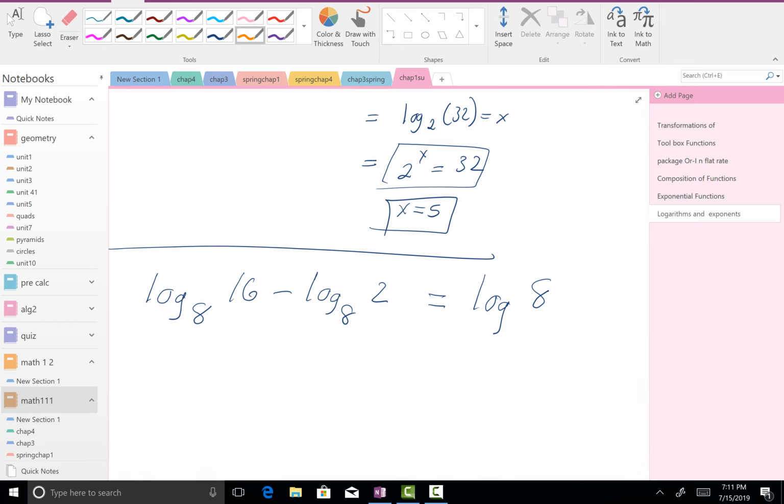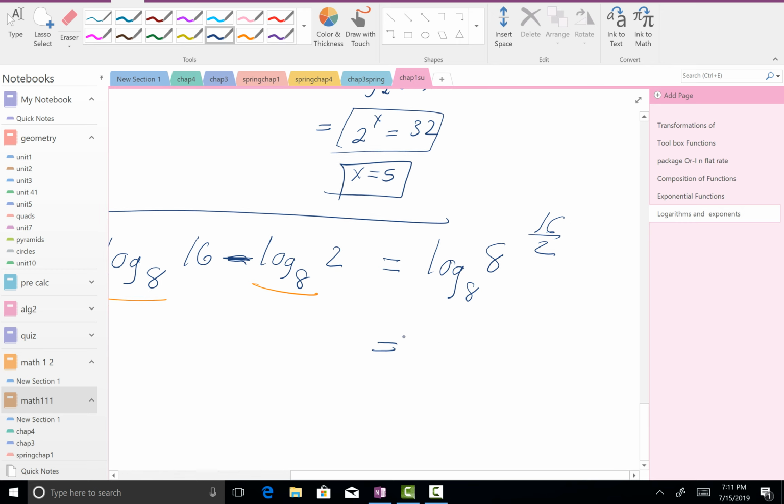Base has got to be the same as these. So what's our base? 8. So since it's a minus, we're going to take 16 and divide it by 2. That's where that 8 comes from. Okay? This is a simple one because we just have the log of 8 base 8. 8 to some power is going to be equal to 8. Obviously, that's 1.